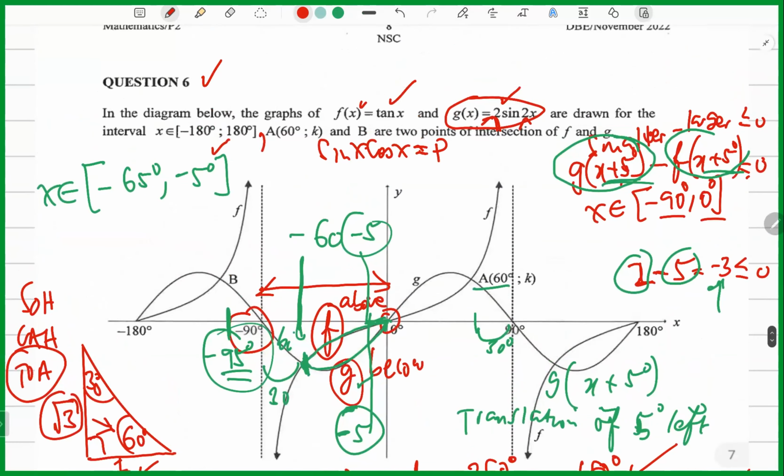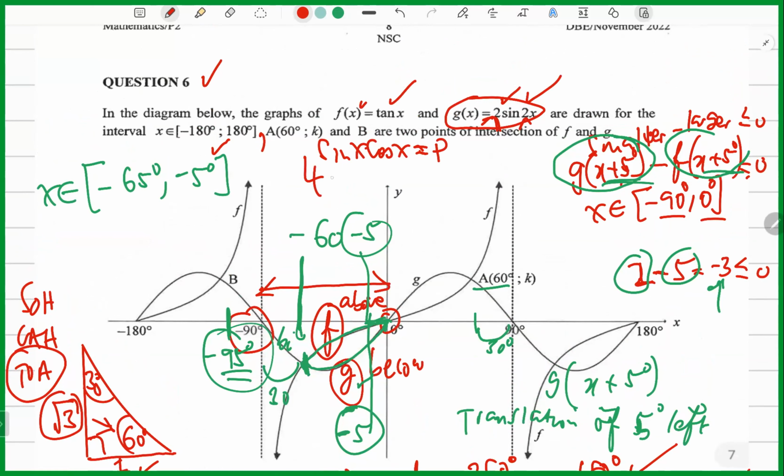Which graph is sine times cosine? None of these graphs, but this graph is very, very close to that. It was obtained from this one. How was it obtained? Ideally, the examiner just wanted you to multiply this by 4.